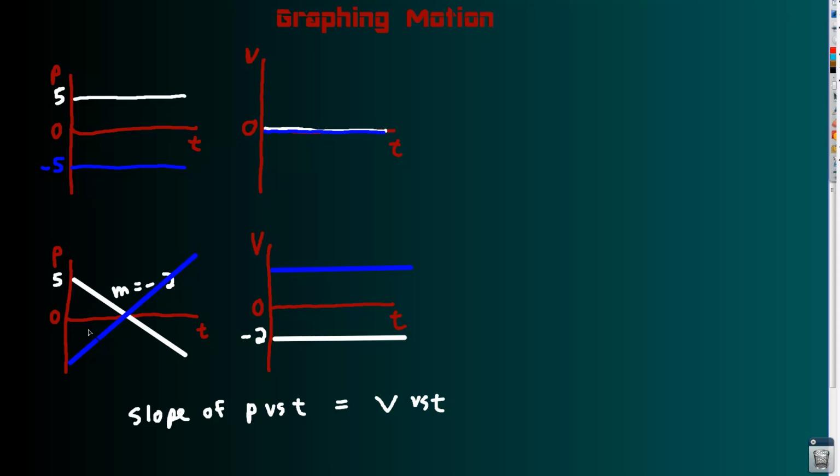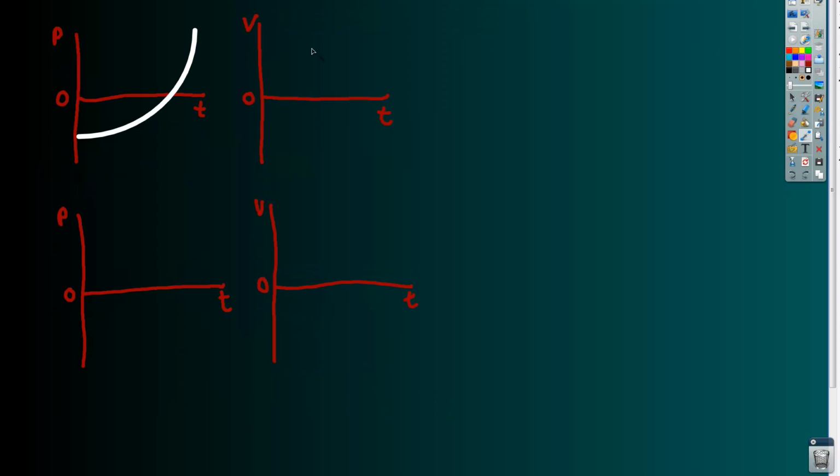And your run on a position graph is your change in time. And you should remember that velocity is change in position divided by change in time. So that's really what's going on in terms of how slope and velocity relate.